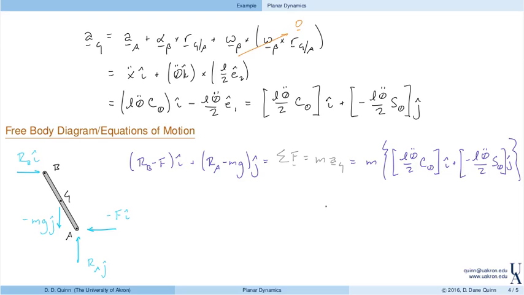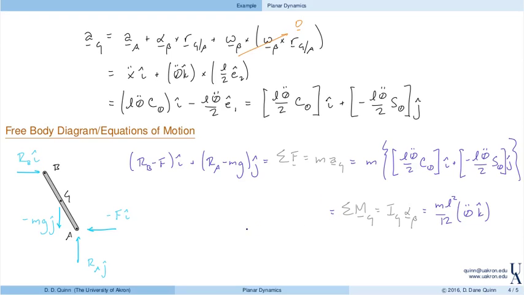Now, turning to angular momentum balance, we have the sum of the moments acting about the mass center is the moment of inertia of the bar about the mass center times the angular acceleration. So the right-hand side is mL squared over 12 times theta double dot in the k direction. Again, this is the moment of inertia of a bar about its center, and this was the angular acceleration that we identified.